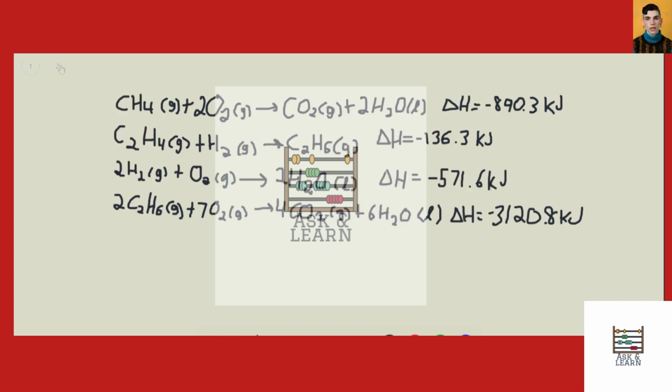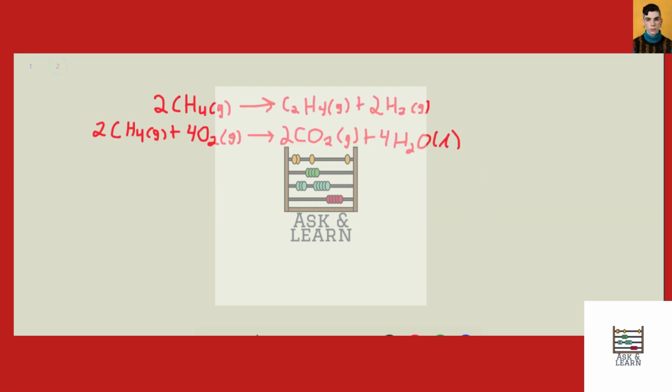So now we have to double this. So minus 890.3 times 2, so delta H is equal to minus 1780.6 kilojoules.